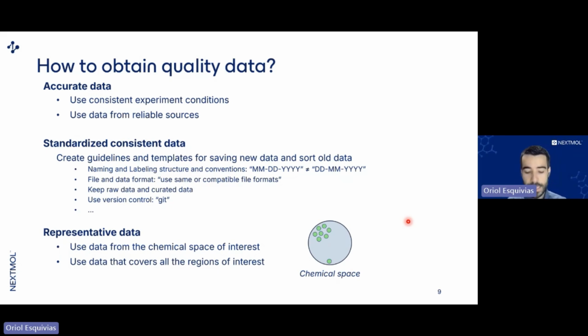Second thing, use consistent data. When you are following a protocol in the lab, you follow the protocol, then you press the button, and obtain the results. But sometimes the protocol doesn't say what to do with the results. It's like, okay, you have the results, do whatever you want.